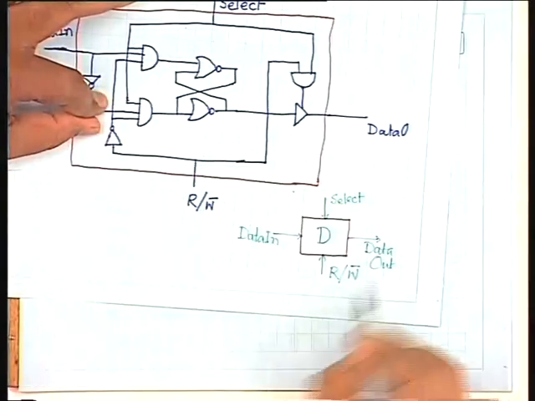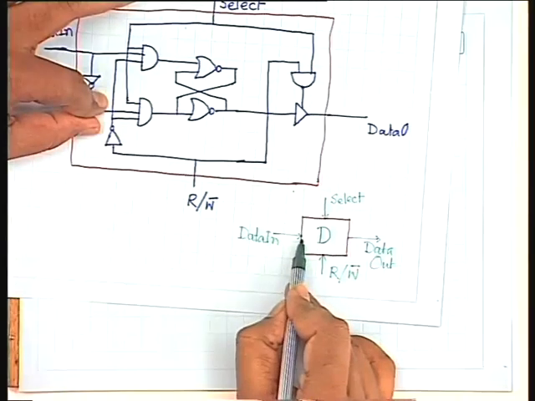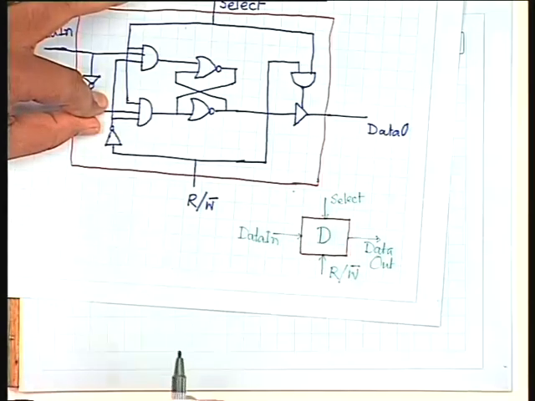Okay. Then if I want to read the data, the read lines of all the RAM cells have to be activated simultaneously. If I want to write data, in that case, this read-write bar line has to become low simultaneously, and the data must be available to all the RAM cells simultaneously. Okay.